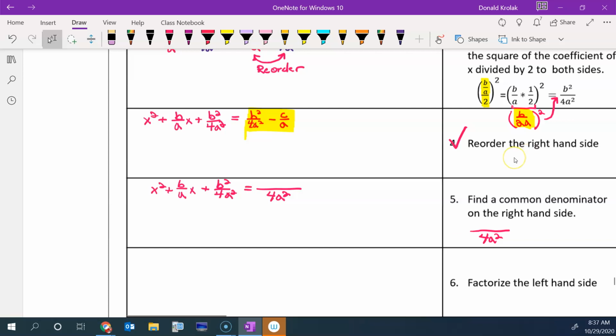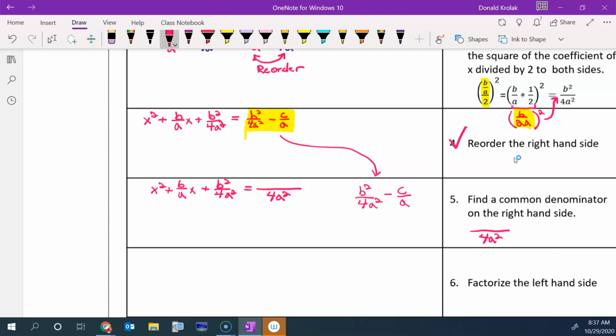So to add these two up, we'll do it right here. This first term, I don't have to do anything to it.